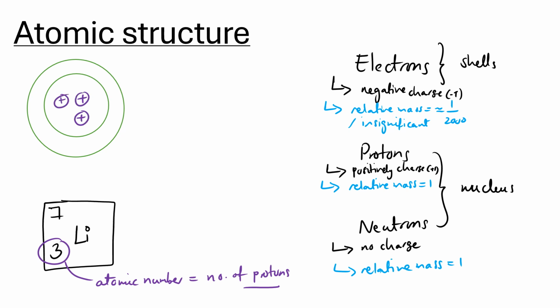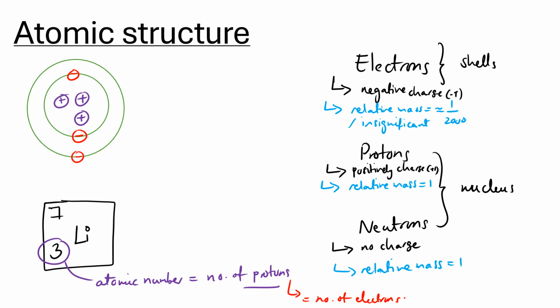Why have I drawn plus? Well, the 3 pluses refer to 3 protons, and protons have a positive charge. There's another rule as well, that the number of protons also equals the number of electrons. Let's just write it over here. So since there's 3 protons, there'll be 3 electrons, represented by these circles with a line through it, negative charge.